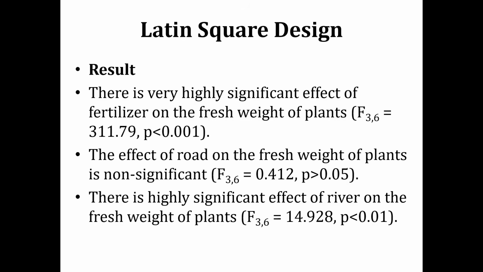Then we have another source of variation, which we calculate by making gradients or blocks for that source of variation. And then we have the fourth source of variation, which is the experimental error. So in Latin square design, we have four sources of variation, and we are able to calculate their effects through Anova. So this is all about experimental designs, an introduction to experimental designs.